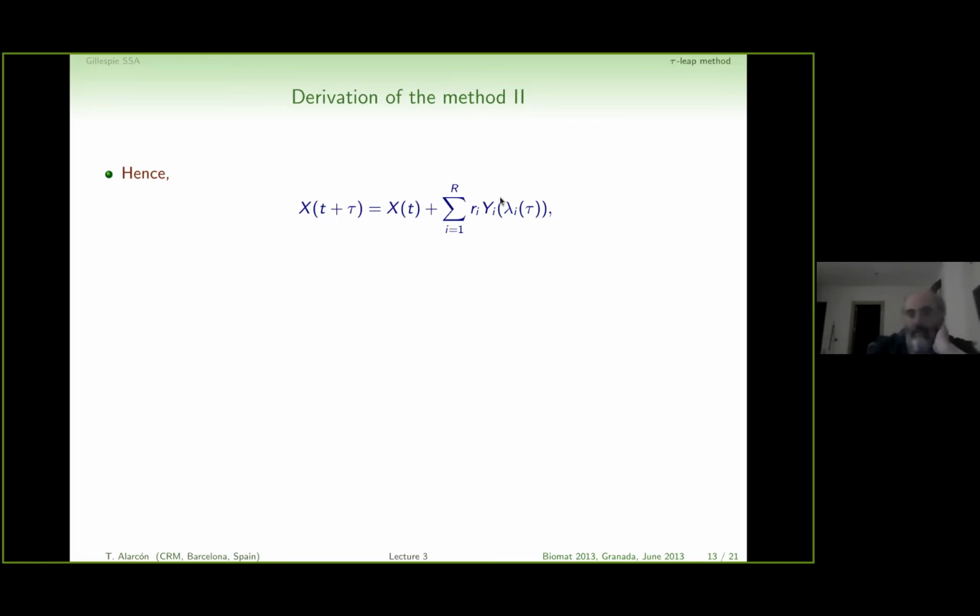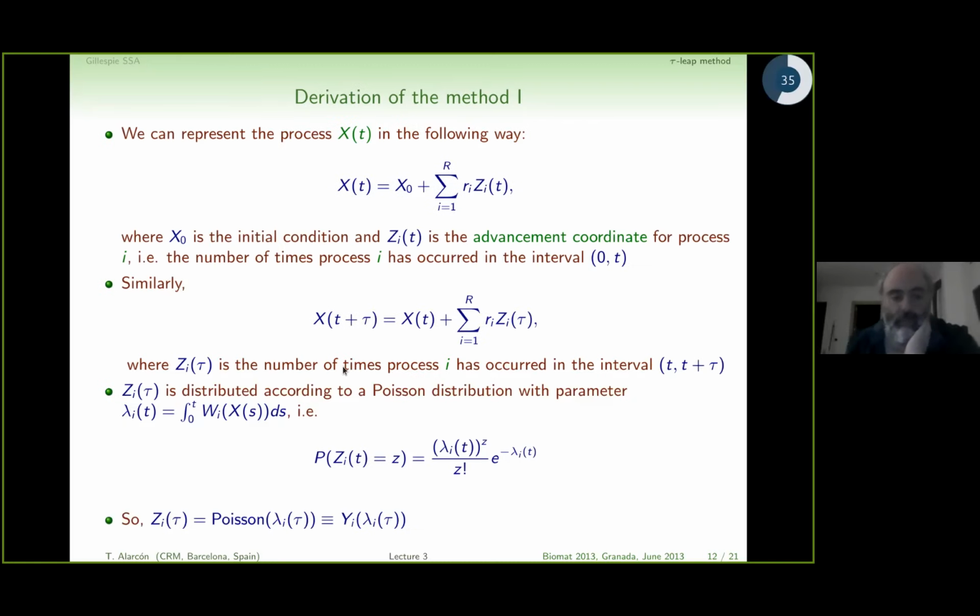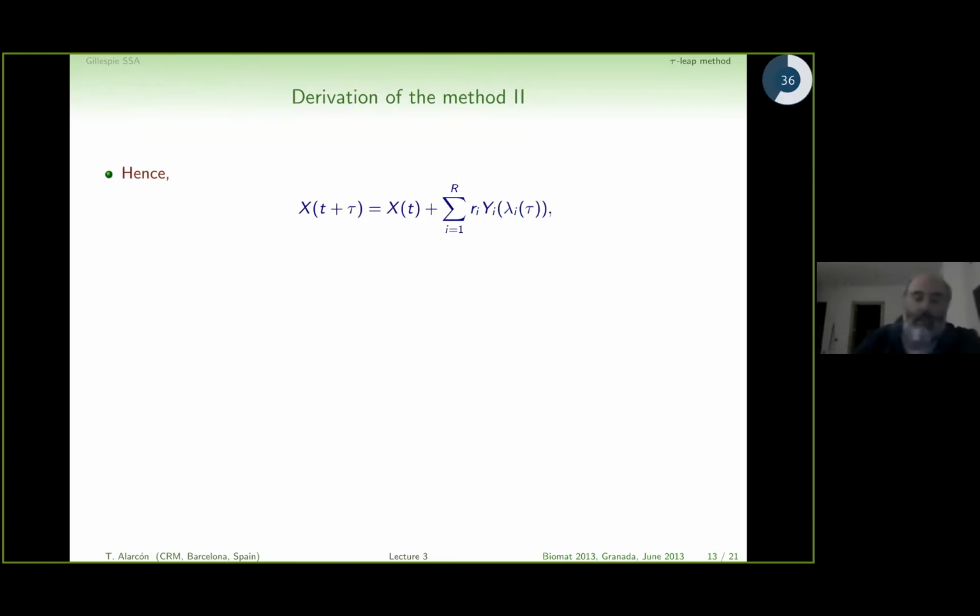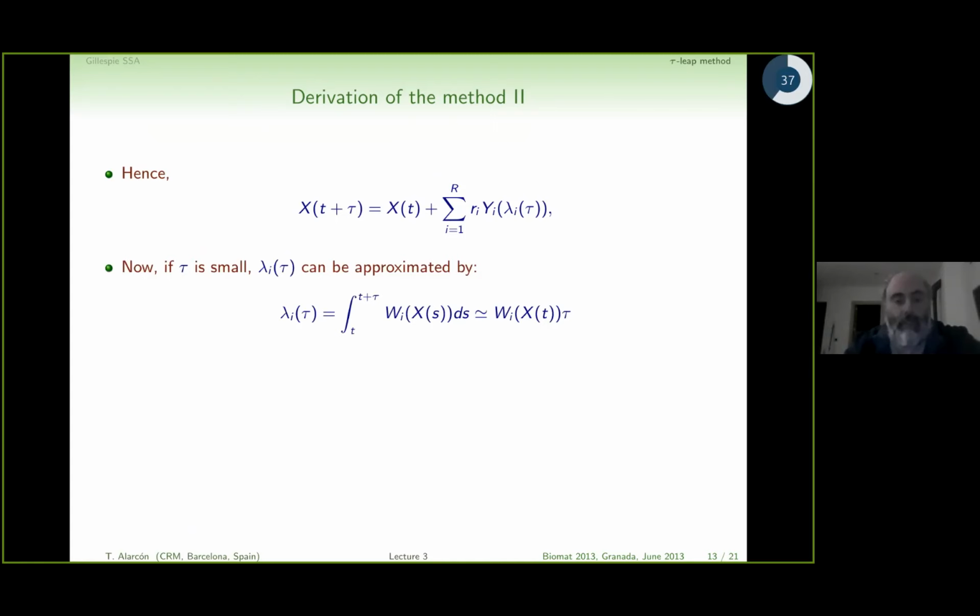Now this, as it is, is completely useless, because this lambda I of tau, of course, depends on the whole history of the system. So this equation is exact, but it's useless from a practical point of view.